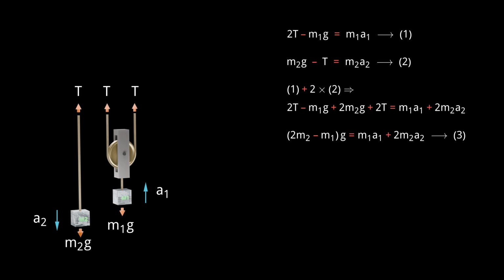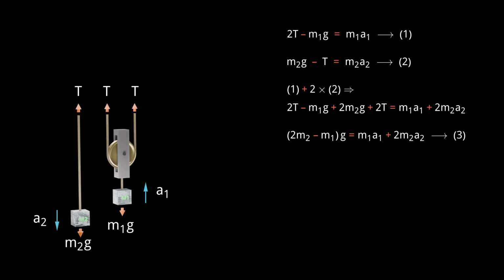This relationship provides the second equation necessary to solve for the accelerations of both masses. For instance, if the movable pulley, along with mass M1, moves a distance of h meters in time t, the mass M2 moves 2h meters in the same time. This is due to the rope segments supporting the movable pulley, which adjust their lengths proportionally, causing M2 to move at twice the rate of the movable pulley.